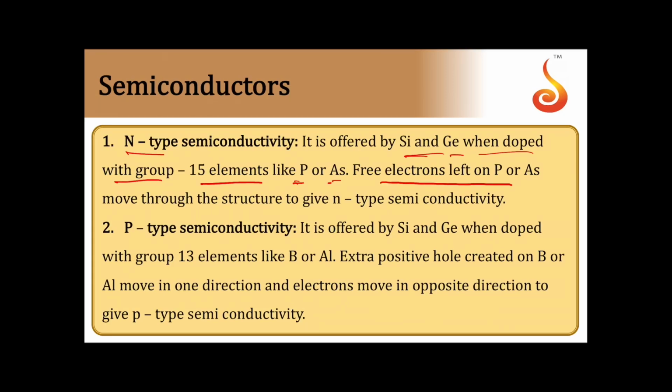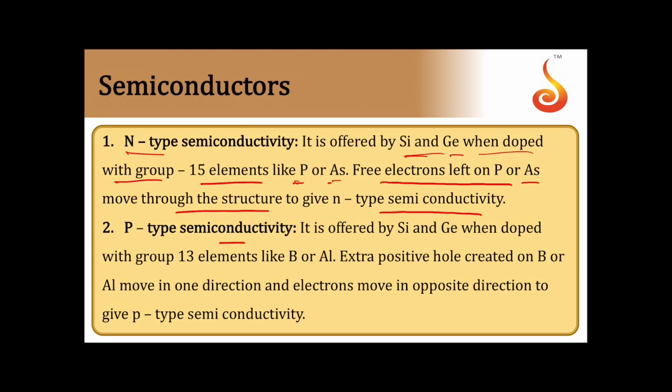The free electron left on phosphorus or arsenic moves throughout the crystal structure, and this is called n-type semiconductivity, because negative charge is moving throughout the structure.